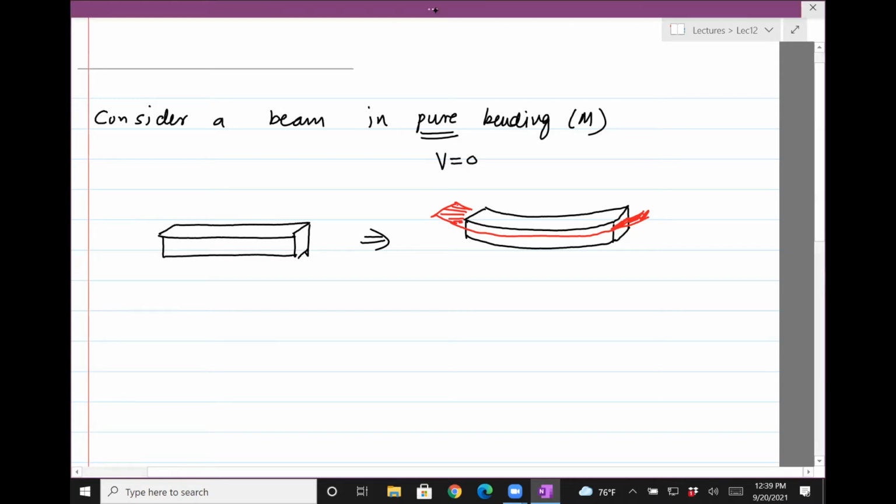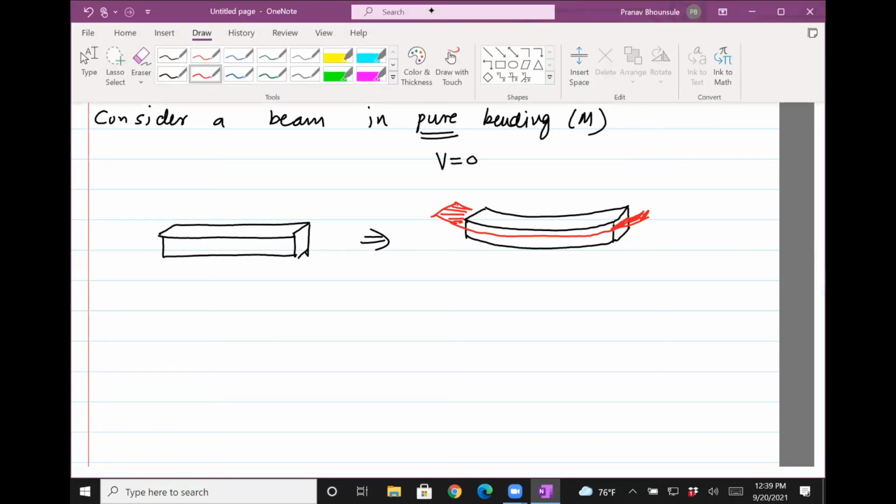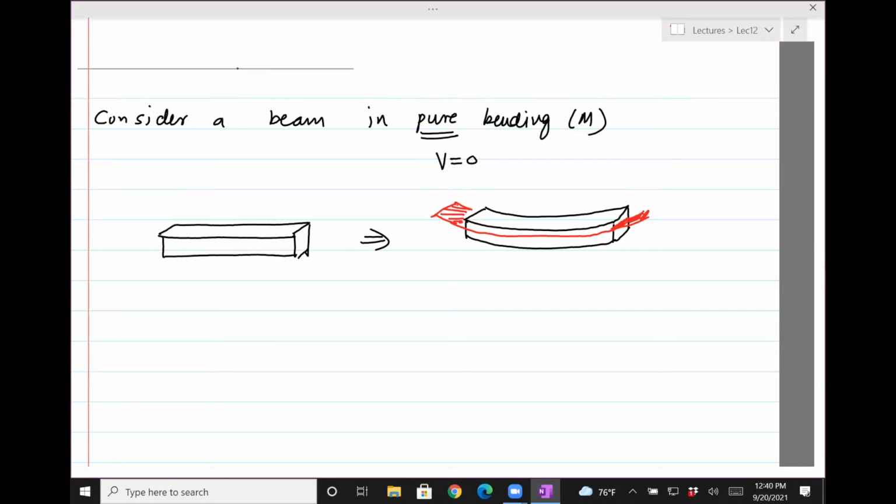So the layers on top are under compression because they are shortening, and the layers below are in tension. And so if some parts are shortening and some parts are lengthening, there should be an axis or a layer where there is no stretching or compression. So that layer is called the neutral layer.